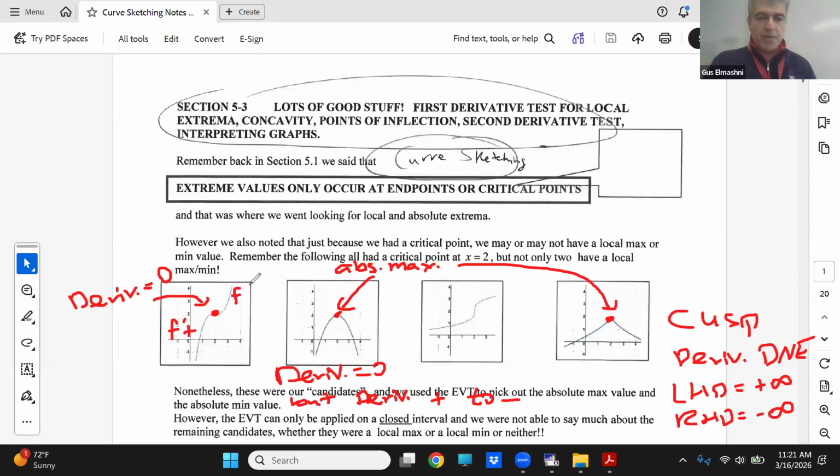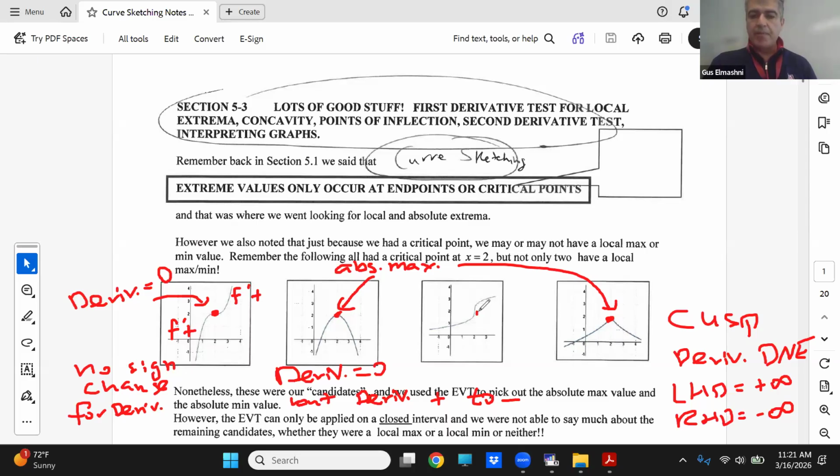Isn't f prime still positive here also? Yeah. So what am I doing here? I'm doing heavy analysis. I'm analyzing these graphs using the skills that you guys have gained over the last 2 or 3 months, right? No sign change for the derivative. So we're kind of just resting a little bit.